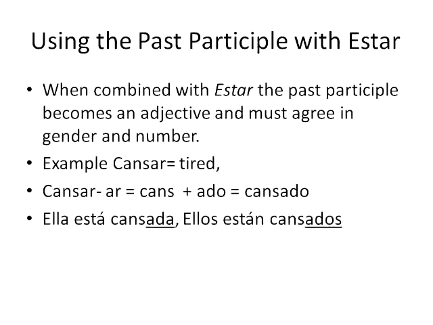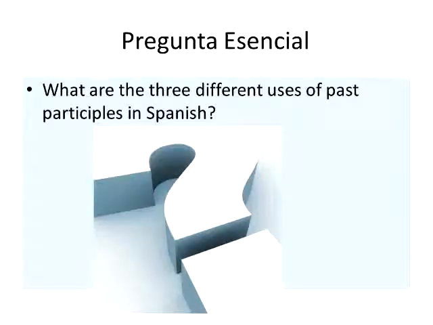Just to show you, if you're using it as an adjective, it has to agree with gender and number. So this one's referring to more than one, ellos, and it's masculine. So we're going to keep it as cansado with an S for it to be plural. Does that make sense? Okay, so just a note for you as you're using past participles.